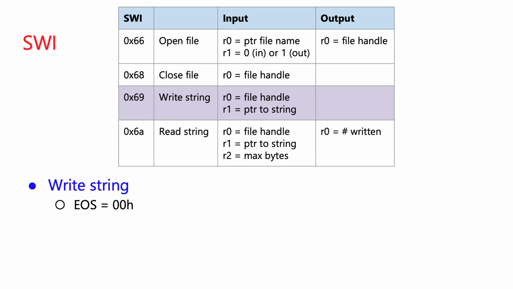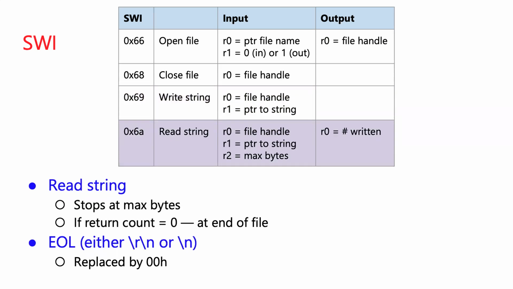So notice here, no $ end of string marker, just the usual C convention of using a null terminated string. And then if you want to read from a file, you tell it what file you want to read from in R0, and a pointer in R1 to an array, or really a region in memory where you want that read into. And then for R2, you say what capacity you have, how many bytes you've got room to read. Then you raise software interrupt 6A, and it'll return with R0 telling you how much.